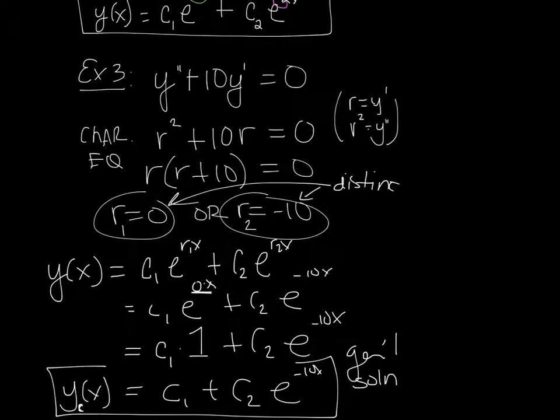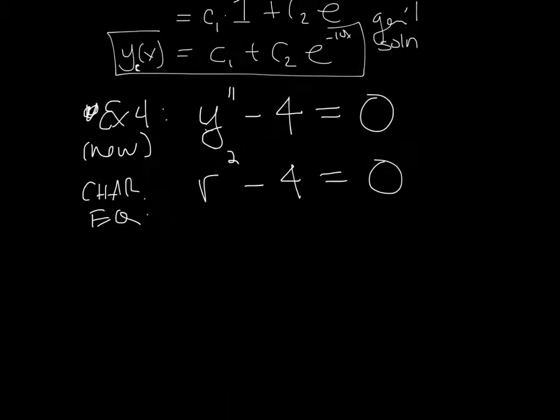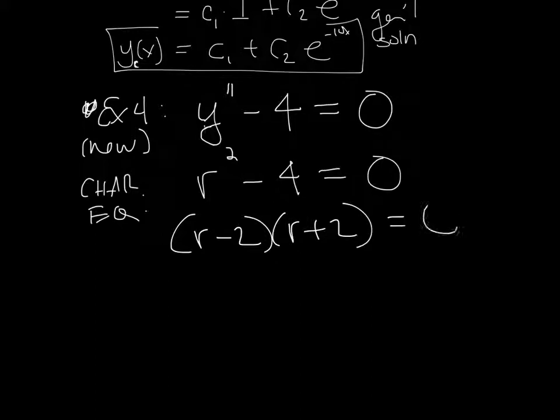Maybe this is too easy, but please send me an email and let me know which one I did for example 4, if you'd like me to do it again, since I erased it and was redoing this. So this is definitely a difference of two squares. We used this when we did partial fraction decomposition. So r is equal to 2, or r is equal to negative 2.